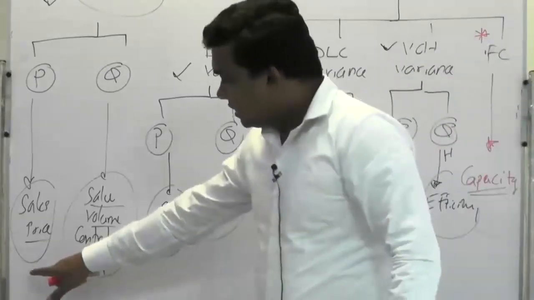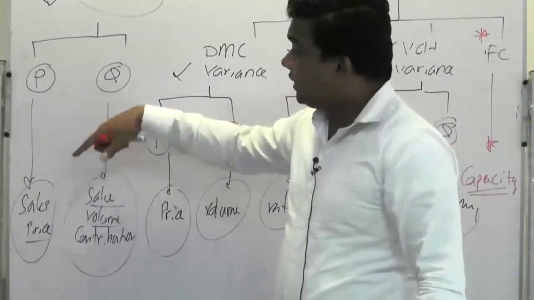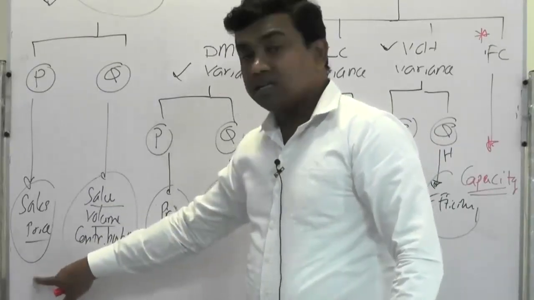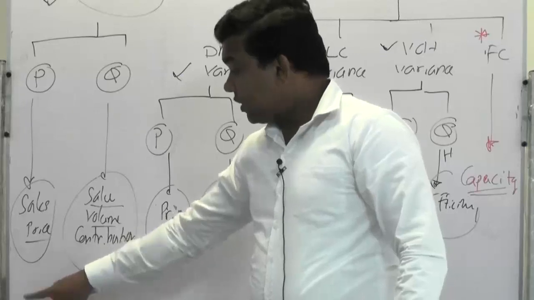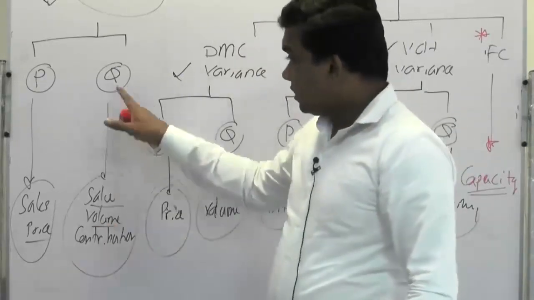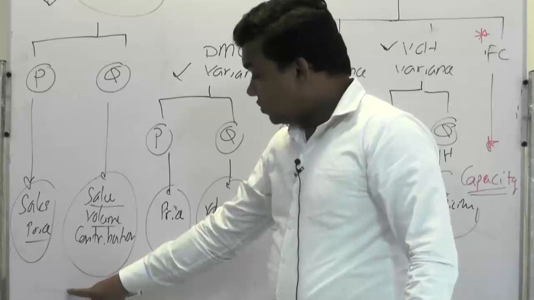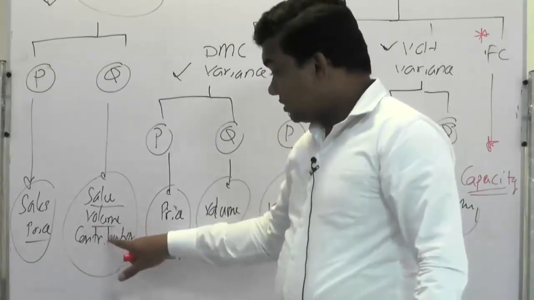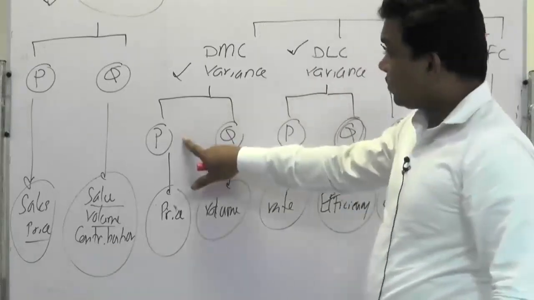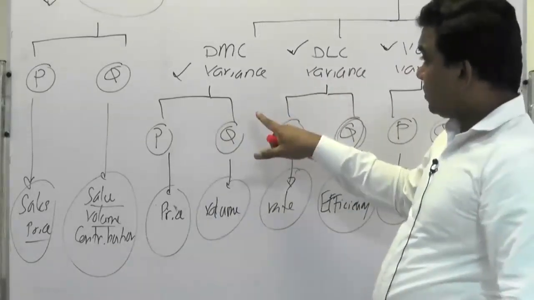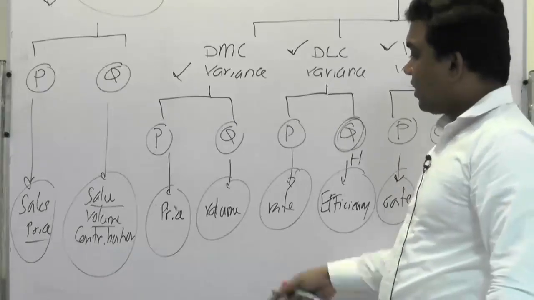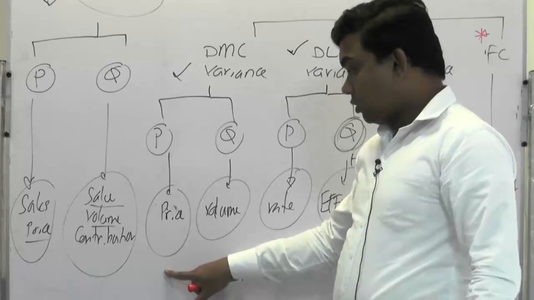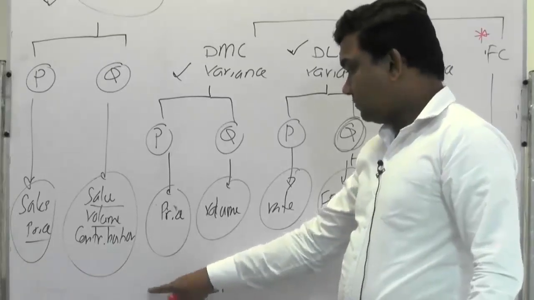Since this is revenue, you will take actual first: actual price minus standard price into actual quantity. Here quantity, therefore actual quantity minus standard quantity into standard contribution. When it comes to price again, now this is cost, better to have lower actual cost, therefore you will start from the standard price minus actual price into actual quantity.